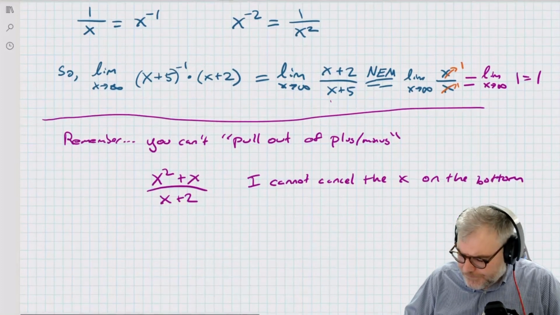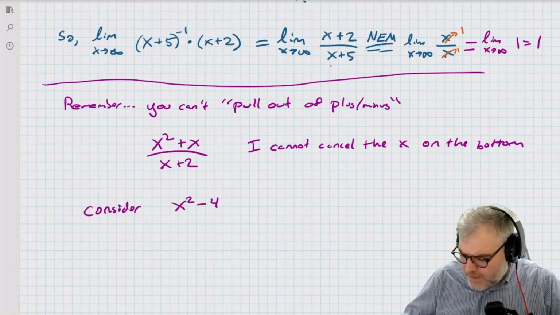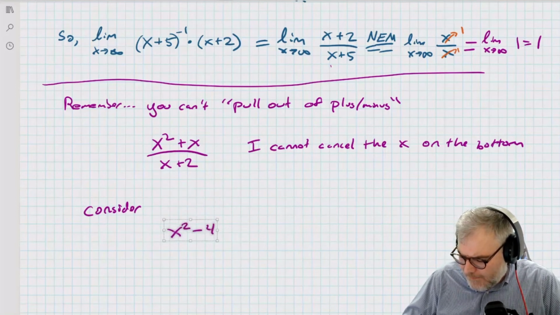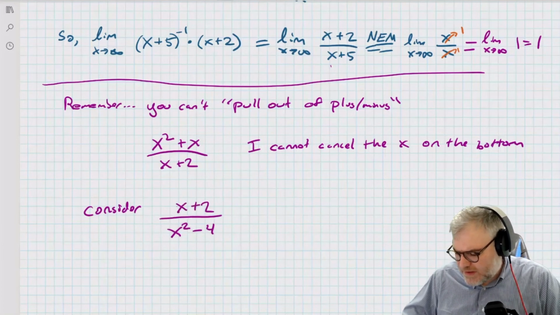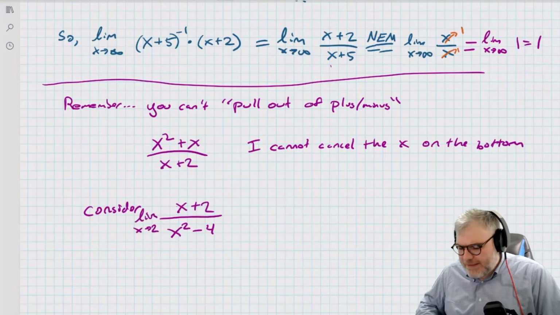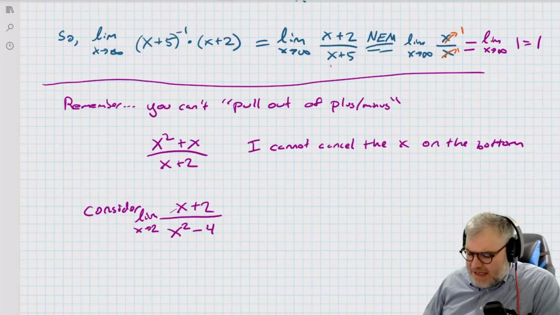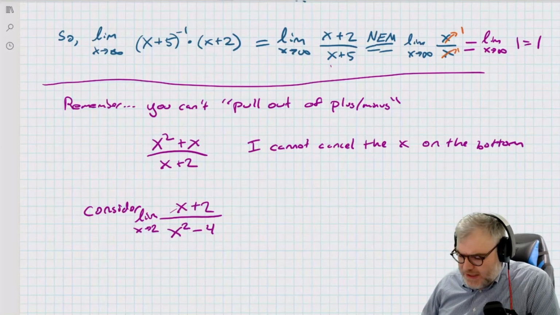Likewise, consider x squared minus 4. And let's put something on top. Let's put x plus 2 over x squared minus 4. And we'll do the limit as x goes to 2 of this. Okay? Now, I cannot cancel that x and that x. Is everyone on board with this? I can't do that.